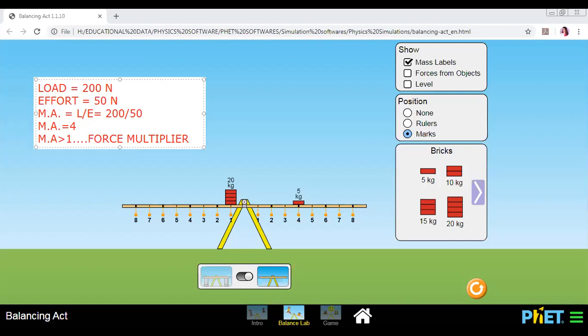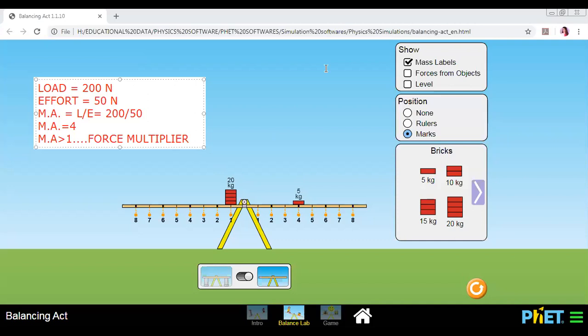This mechanism of a lever, this seesaw, is working as a force multiplier, because my load was 200 Newton and the effort is 50 Newton. I calculated the MA, and my MA is coming out to be 4, which is more than 1. That's why this mechanism is my force multiplier.